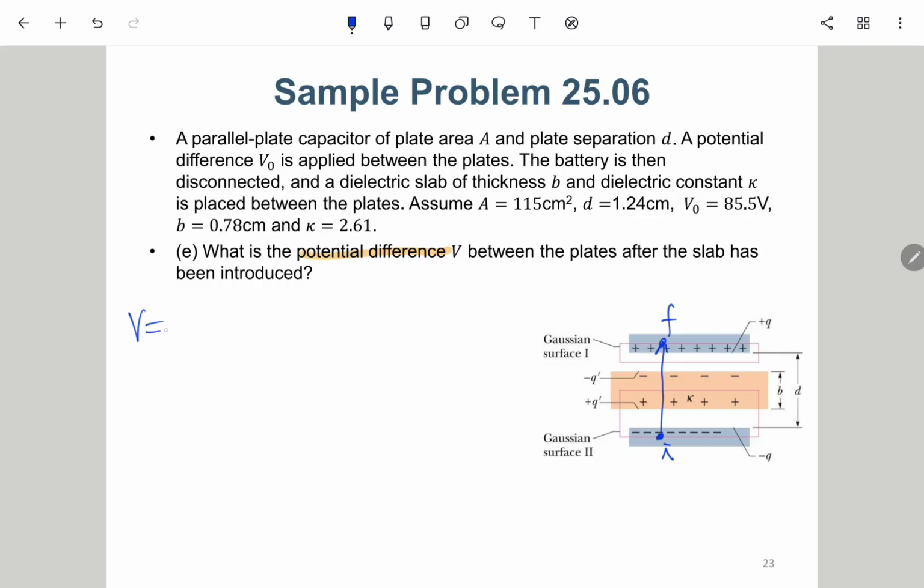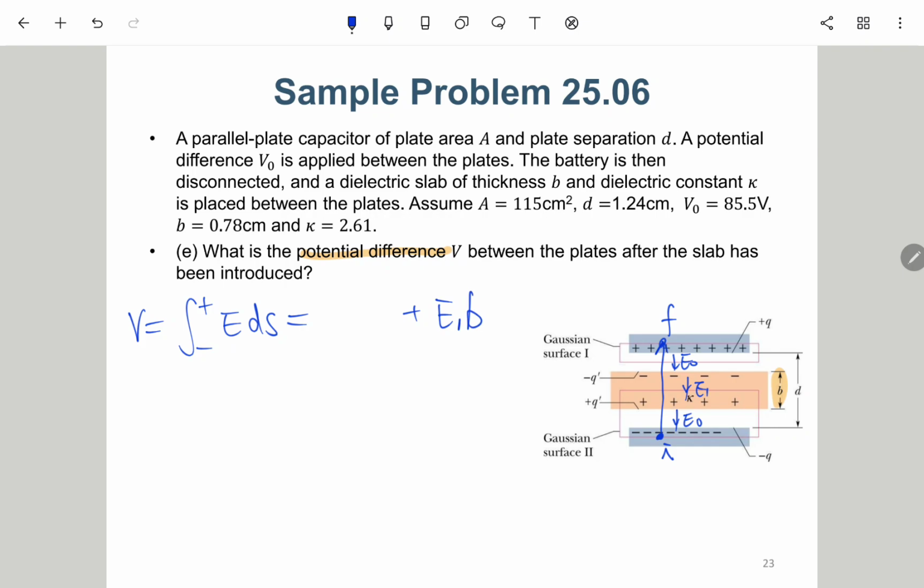So V will be the integration from negative to positive of E ds. For this part it is E0, this is also E0, and this is E1. This part is B, the thickness of B. So inside the dielectric, it will be E1 times B.